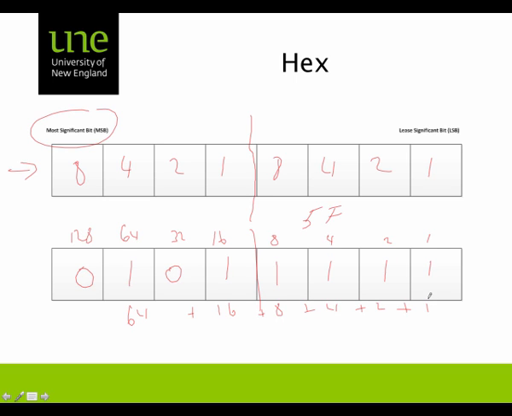And what does that come to? 64 plus 16 is 80, plus 10, 90, 95 in base 10, or the numbers that we count with.